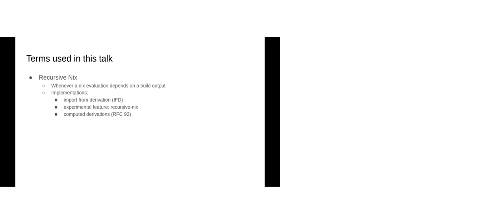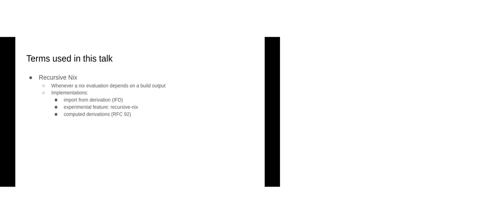One of them is called import from derivation. One of them is recursive Nix, which is an experimental feature. And the third one is RFC 92 computed derivations, which is still early work in progress. But whenever I talk about recursive Nix, I mean any of these three, because basically they're just different implementations for a similar style of using Nix.